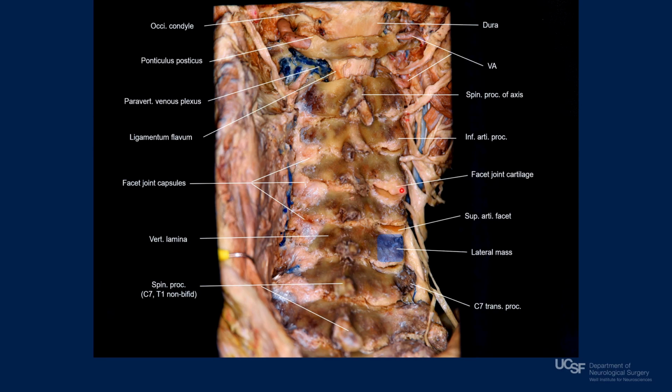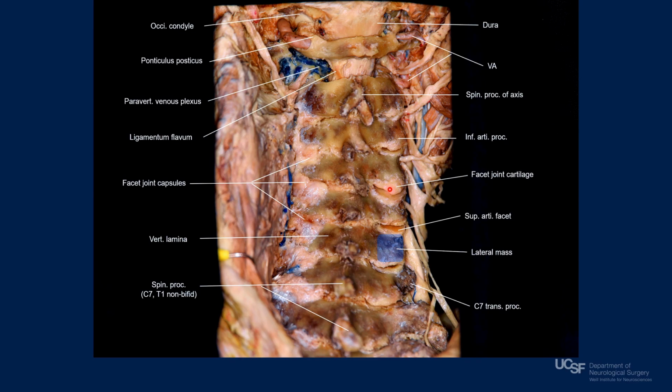In the complex that we're seeing here are the facet joints, one for each side, which are formed by this inferior articular process and the superior articular process of the adjacent vertebra.